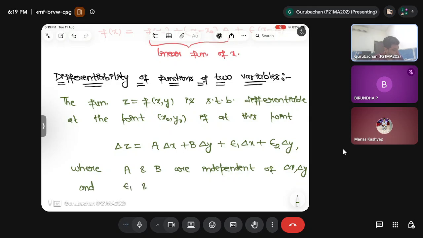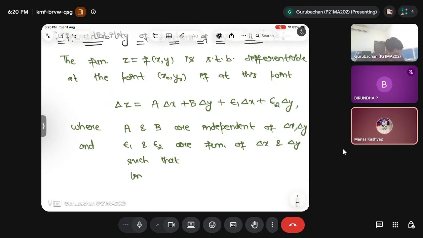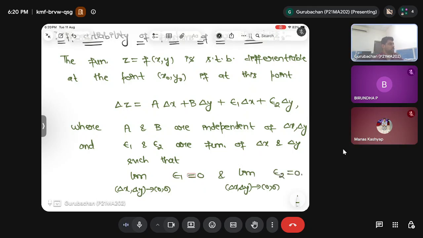Epsilon 1 and epsilon 2 are functions of delta x and delta y, such that the limit as (delta x, delta y) tends to (0, 0), epsilon 1 tends to 0, and whenever this limit tends to 0, your epsilon 2 also tends to 0.